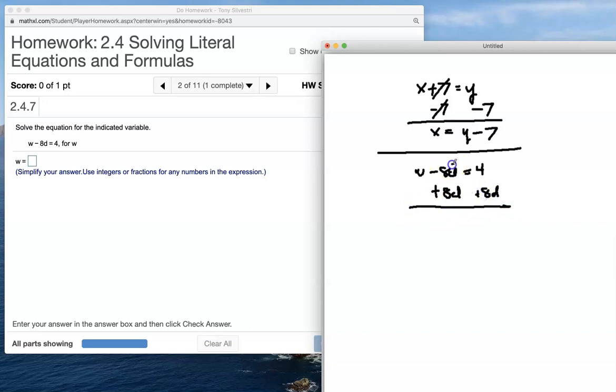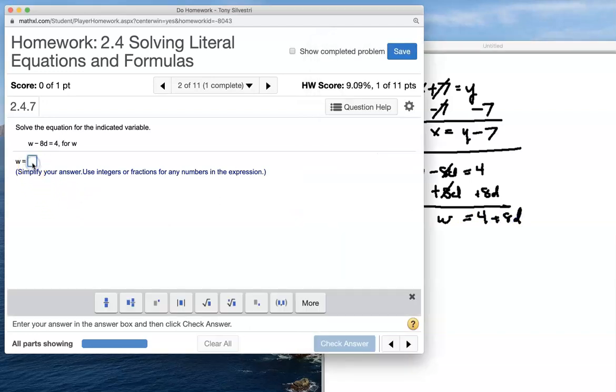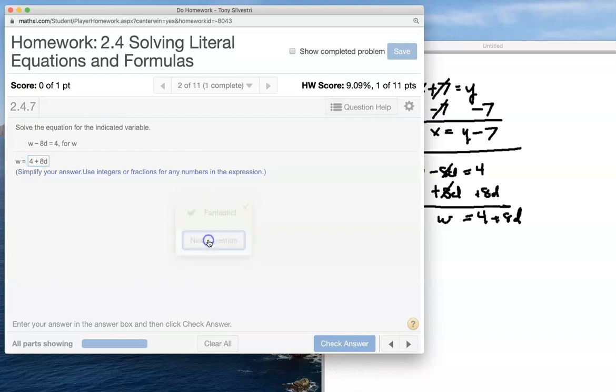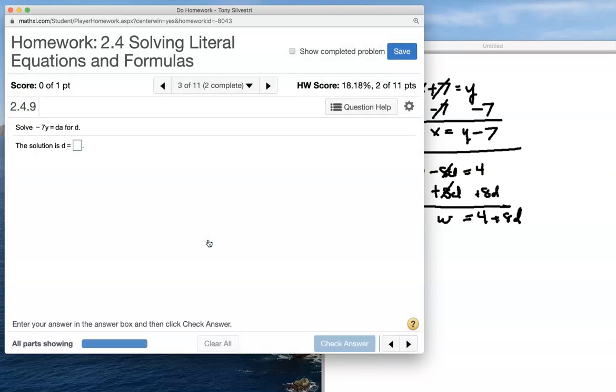Because that would cancel, this would cancel. w equals 4 plus 8d. They already gave us the w equals. Check my answer. Fantastic. Let's see what the next one is.